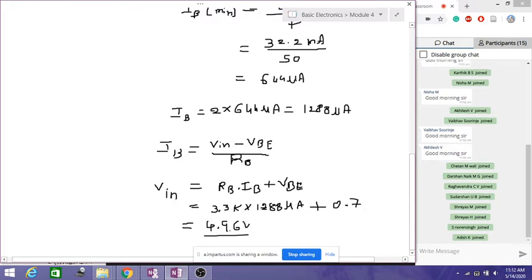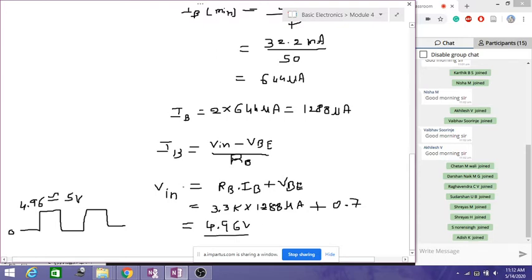Now what is the input voltage required to turn on this? We are talking about the magnitude, so it is approximately equal to 5 volts. The transistor is kept off with 0 input, and to turn it on we need to give 4.96 volts, approximately 5 volts.